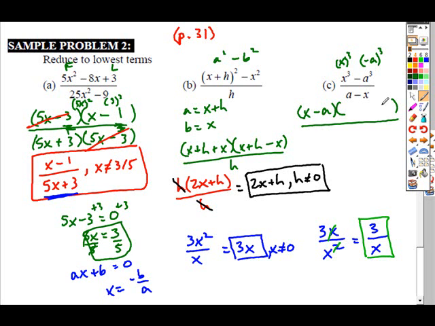And then the second factor is a trinomial. The trinomial's first term will be x squared, the first base squared. Its last term is going to be the second base squared. So negative a squared simplifies to plus a squared. And then the middle term is just going to be the opposite of the product of these bases. So x times a negative a is negative ax, change the sign, becomes positive ax, and those will be your factors.